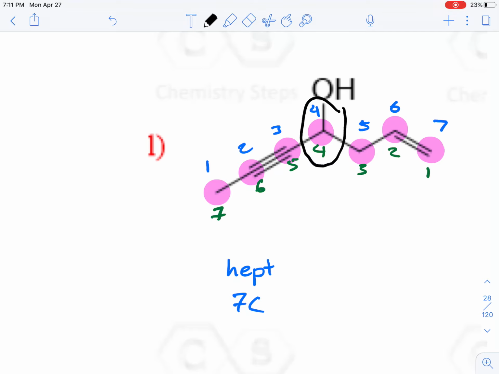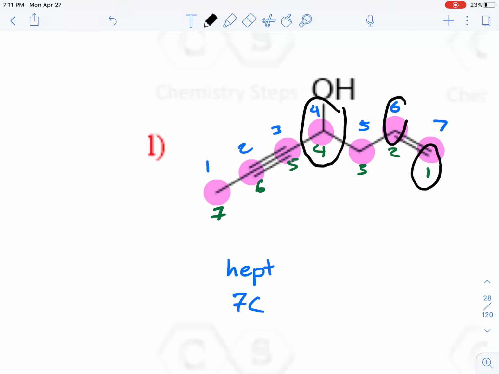Whenever you have a tie, you're going to look at your double bond. If you have a tie in your alcohol, then you want to make sure that the double bond has the lower carbon number than your triple bond. If you look at the numbering scheme here, carbon number 1 is where my double bond will start.